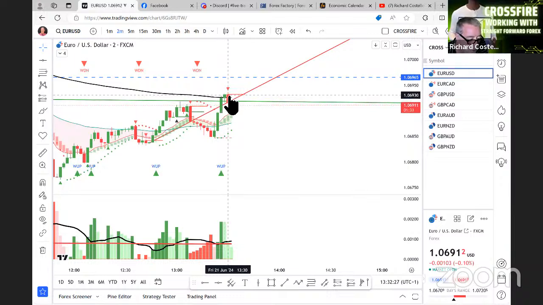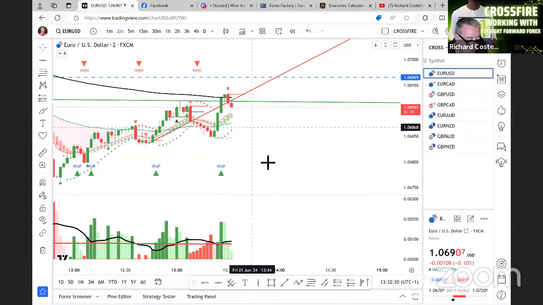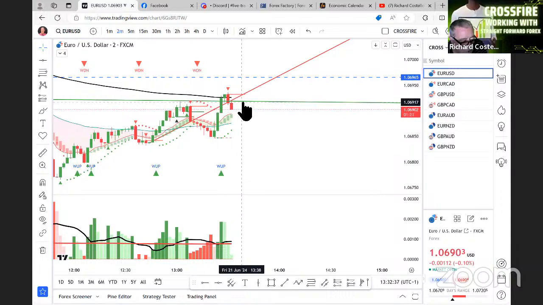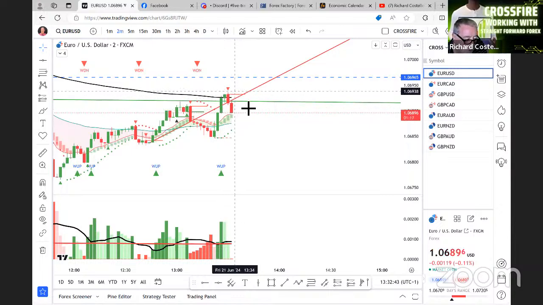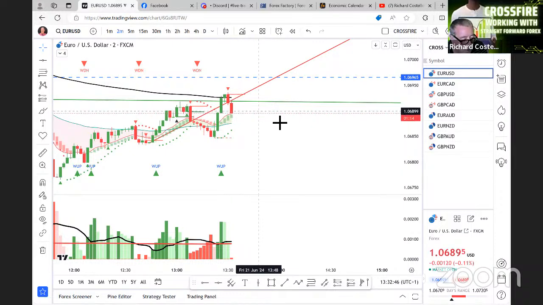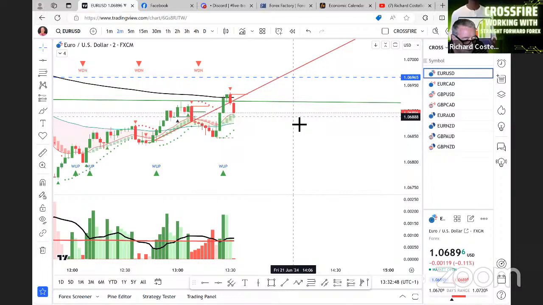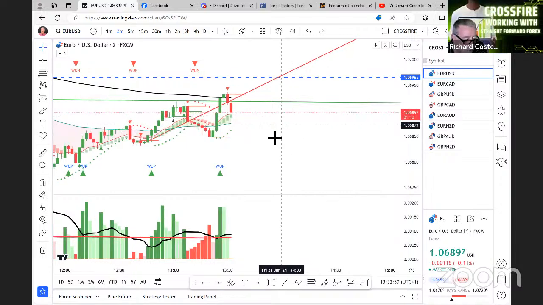Then because of the news, it started to go in the opposite direction. So there's nothing to be done there. We've got the green trend line, the red trend line, and the black 200 moving average all condensed in that tight little area. I want to see price get away either in a downward direction or in an upward direction.